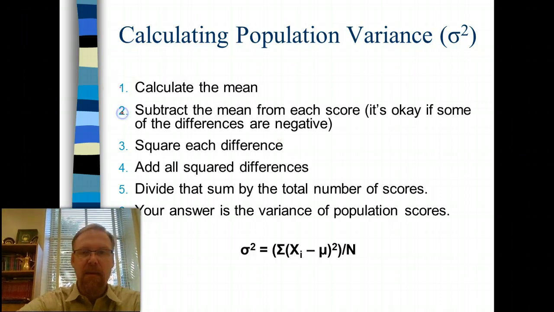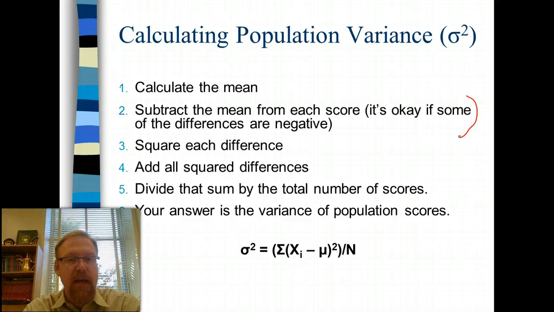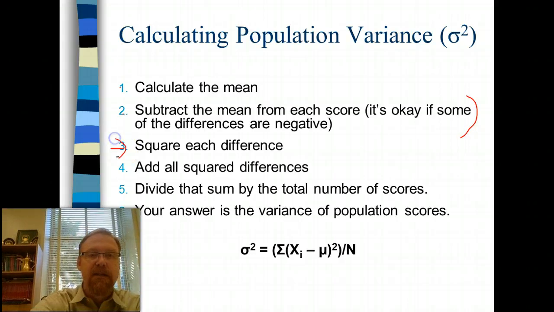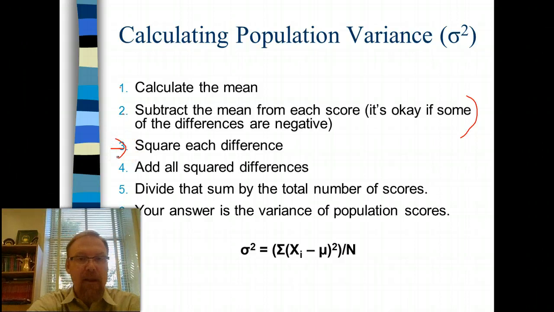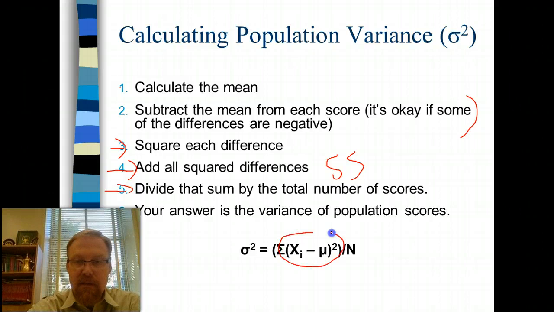We're going to subtract the mean from each score, and of course it's okay if some of the differences are negative, and we're going to square each difference. Then we're going to add up all those squared differences. This is the sum of squares. We're going to divide that sum by the total number of scores. So this is the sum of squares divided by n.